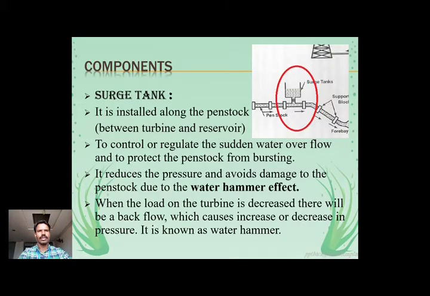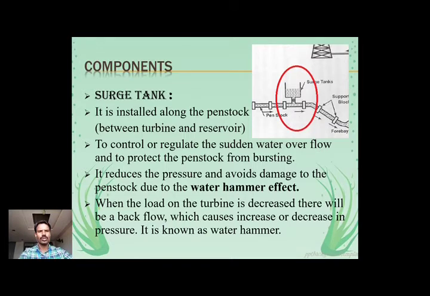And then the surge tank, which is one of the important components. It is installed between the turbine and the reservoir to safeguard the turbine. Suppose we suddenly close the valve, it is possible to create a water hammer effect, which damages the turbine. What is the water hammer effect?